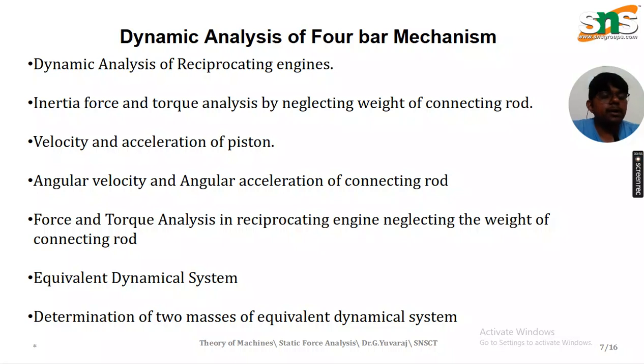Based upon this dynamic analysis, D'Alembert's principle and Newton's law, we have to solve the dynamic analysis of the 4-bar mechanism. Since there are so many mechanisms, we just need to start with the 4-bar mechanism.